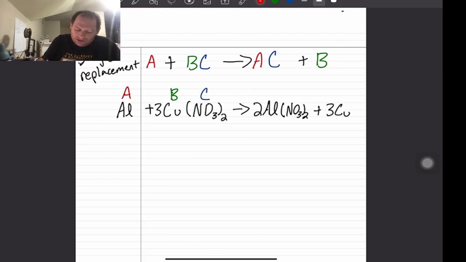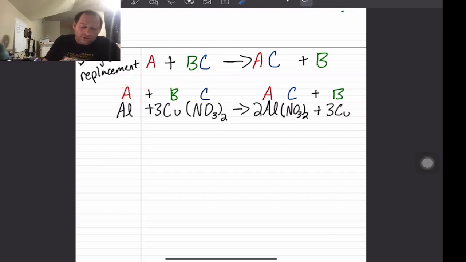All right, let's see how they moved. On the right hand side, we have A. My copper is my B. And my NO3 is my C. Just notice how they just switched, that's all. The plus and plus. So here, A took B's spot.